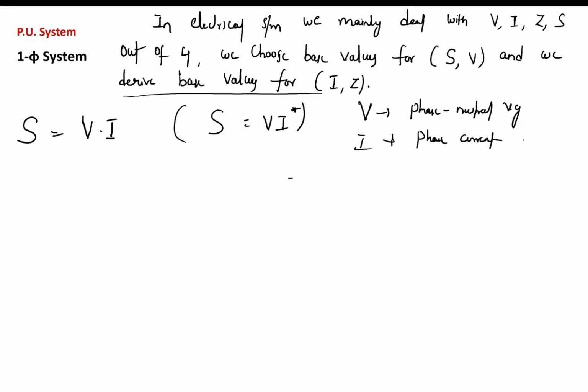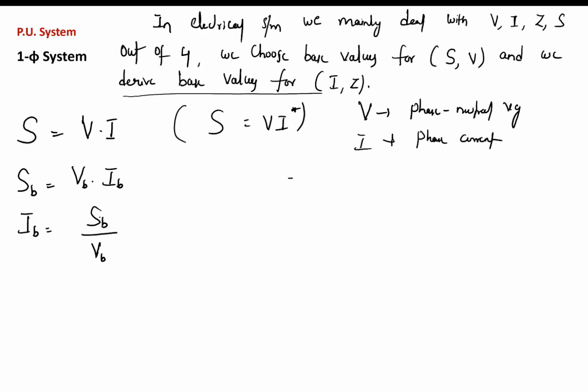Okay. So in terms of base values, the relationship becomes SB equals VB into IB. So if SB is the base value for a single phase circuit, then SB is given by VB into IB. Now IB will become SB divided by VB.